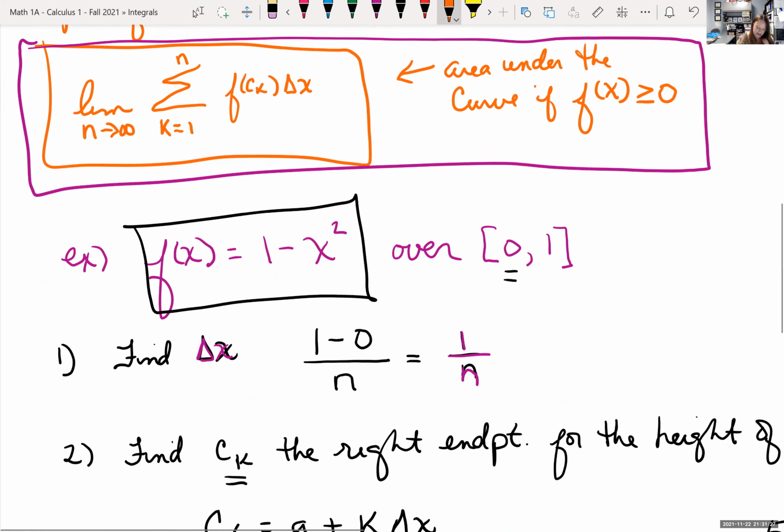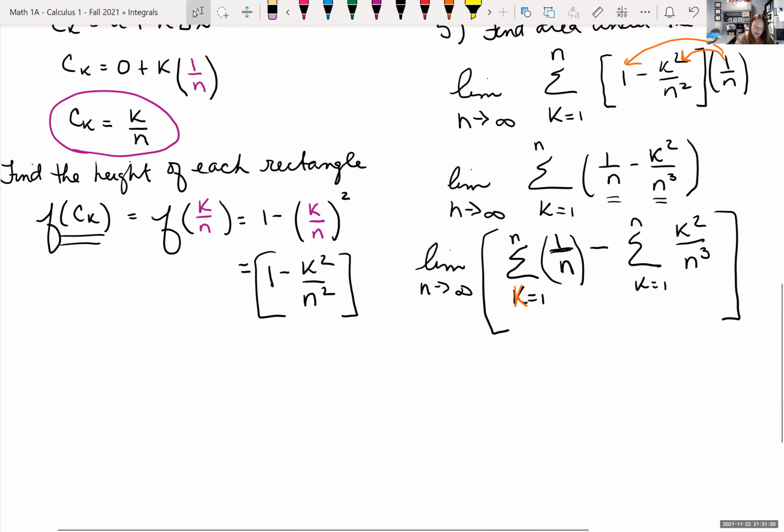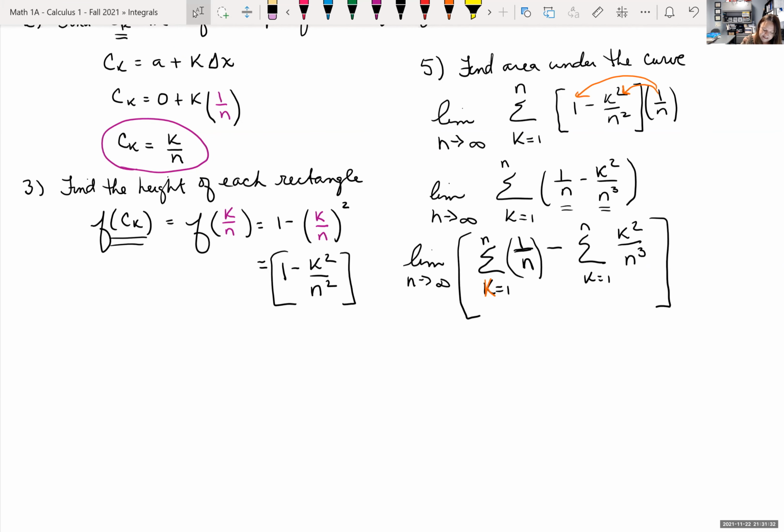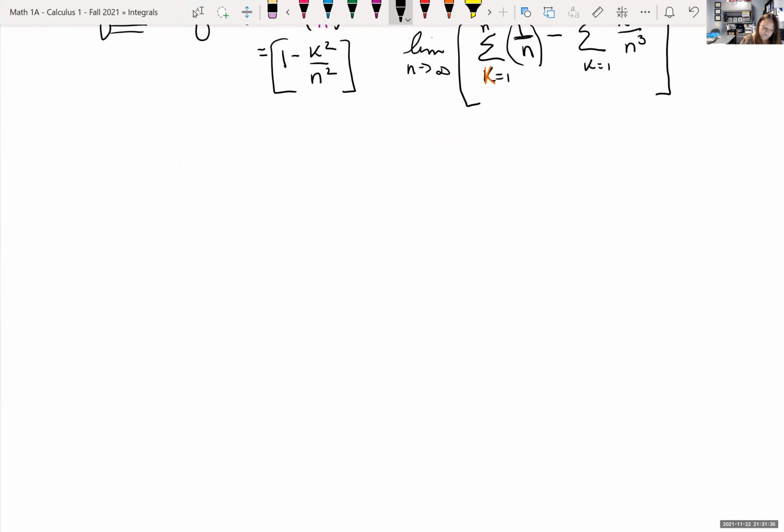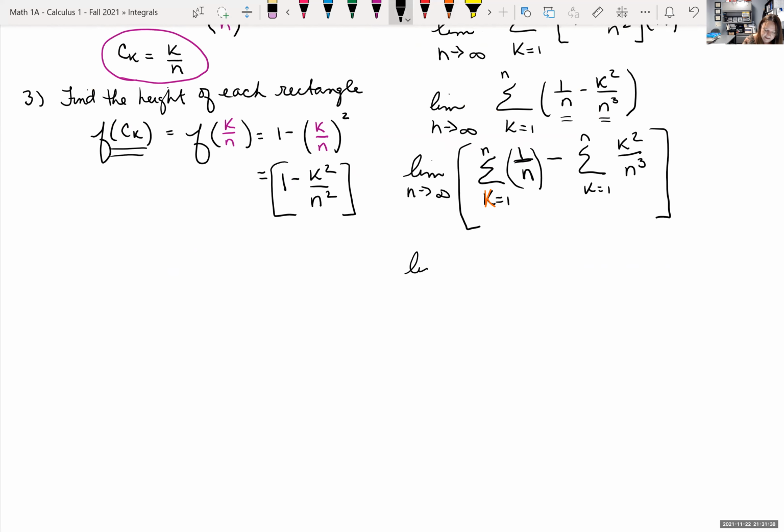So in our case over here, this is going to be n times 1 over n, so I have the limit as n goes to infinity of 1 over n times this n, minus the limit as n goes to infinity of the summation of k equals 1 to n of k squared over n cubed.